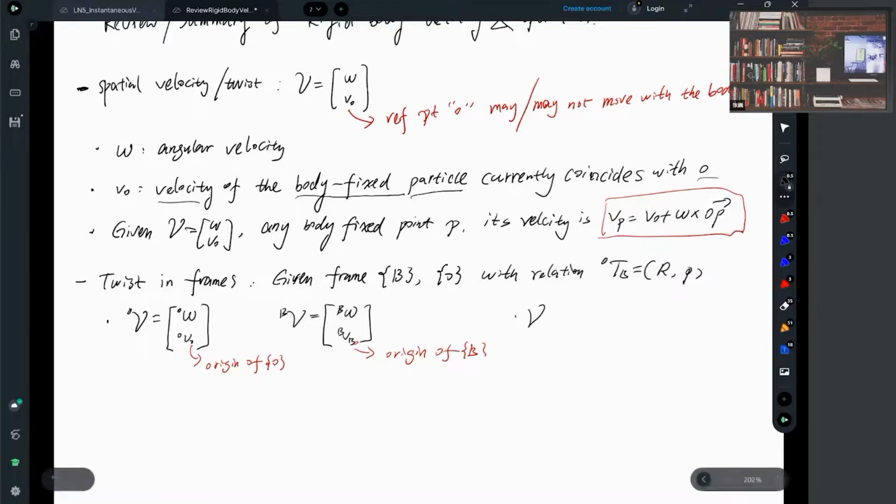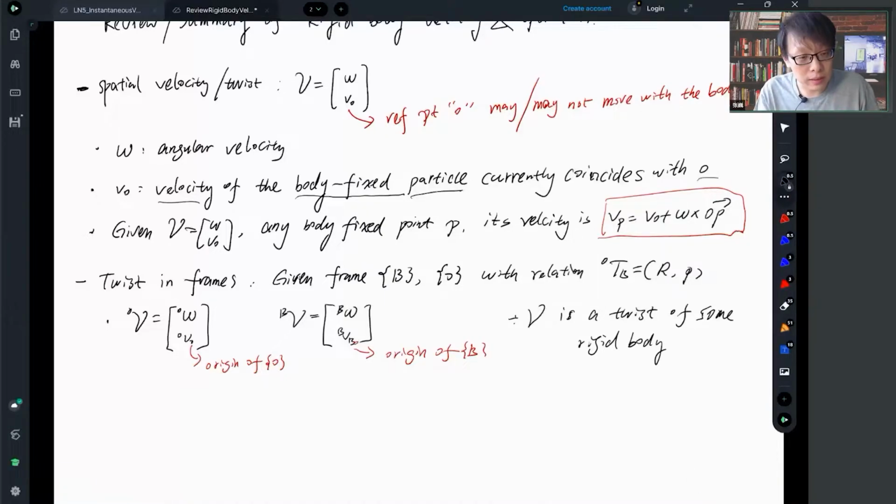No. V is the twist of some rigid body. I didn't say which body. It's not B, B is the frame. O is the frame. I want to represent this velocity. It doesn't matter.